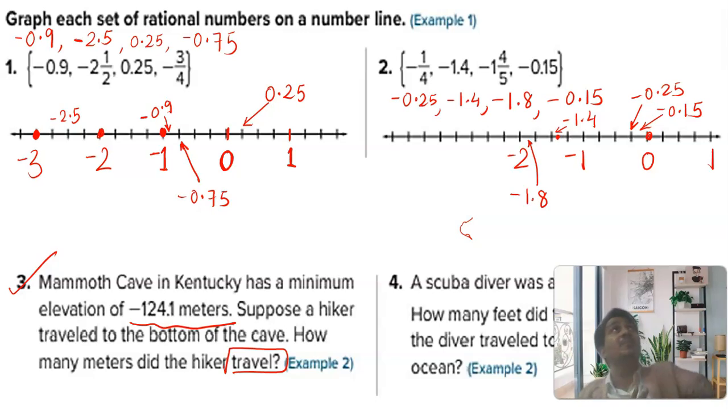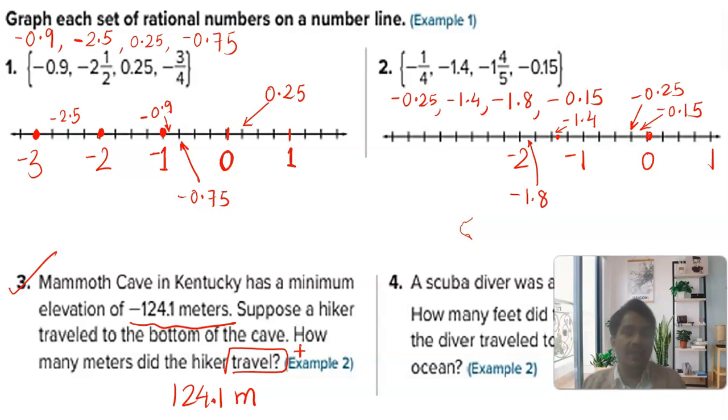I say up is positive, ground is 0, and down is negative, but that is just for notation. When you walk, it is always positive. So travel means always positive. So the answer is just 124.1 meters.